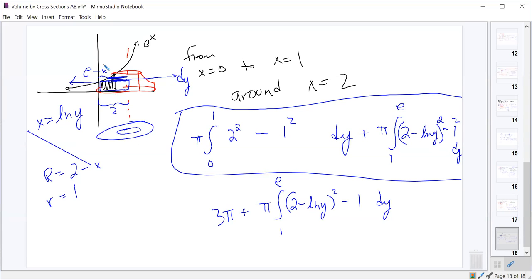Yeah. Can you explain one more time, like quickly, why we had to split it up into 2 different integrals? Yeah, so there's sort of 2 reasons here. I mean, the bigger reason is that we're doing this in terms of y. And so we have to look at what is the outer radius. And the outer radius is 2 for a while, no matter what.